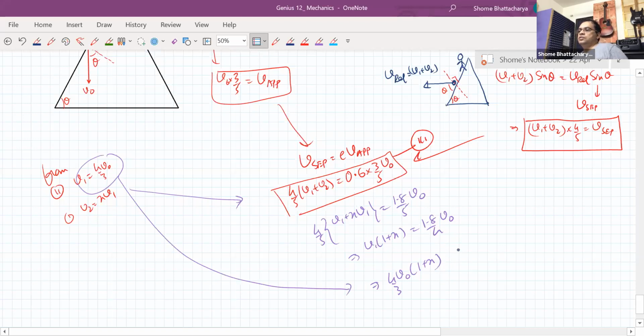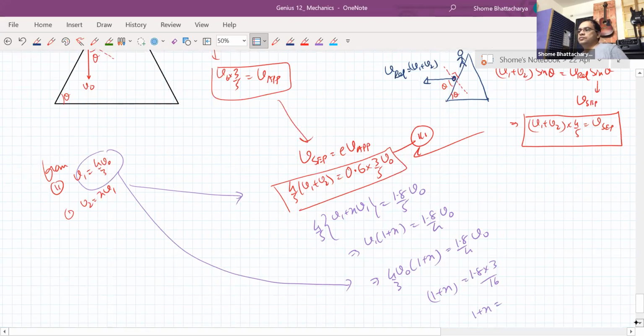Yes, so that should give us 1.8/4 V0. So 1 plus x should become 1.8 into 3/16. So that is giving me some impossible situation for x now.